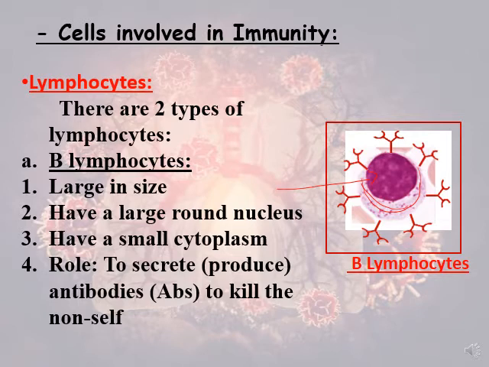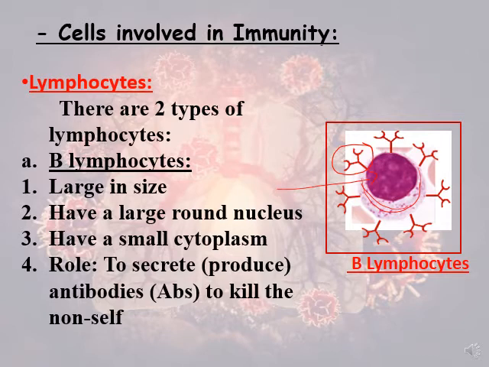They have an important role. They secrete antibodies. These Y-shaped structures are called antibodies. So they produce antibodies to kill the non-self.